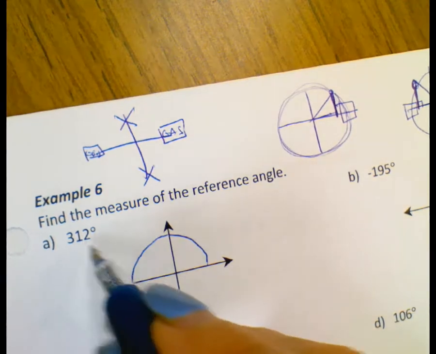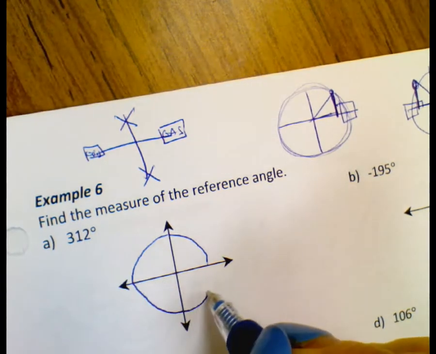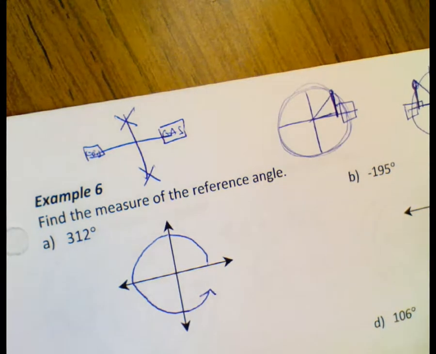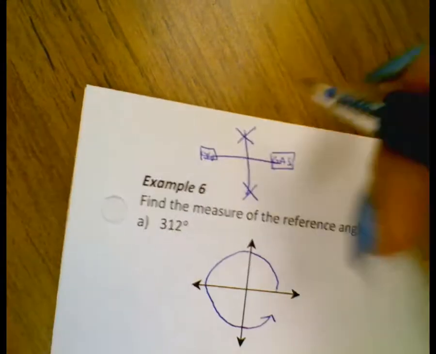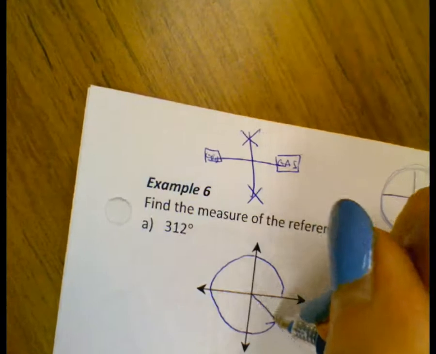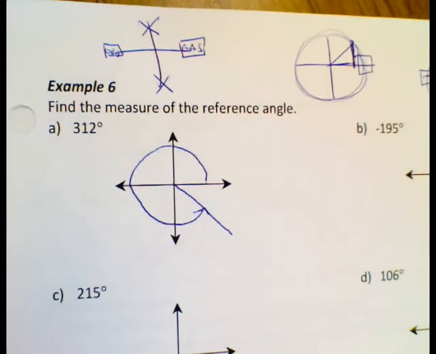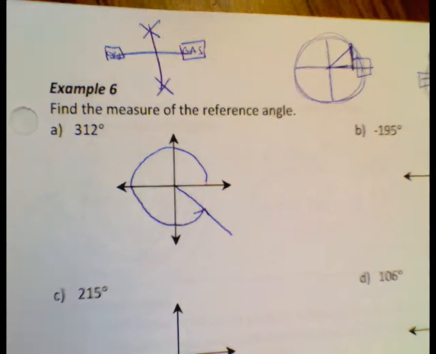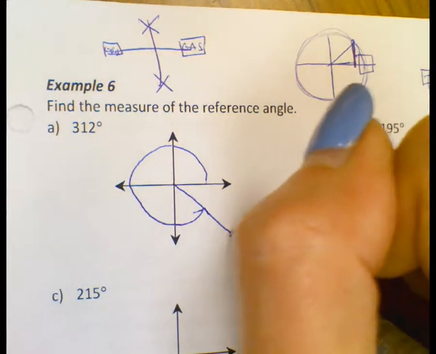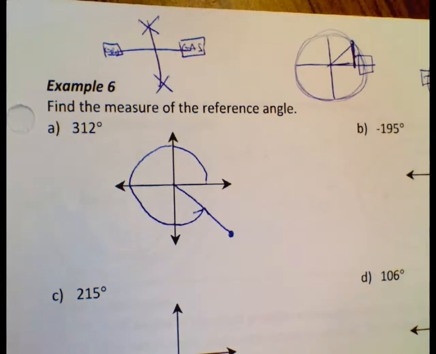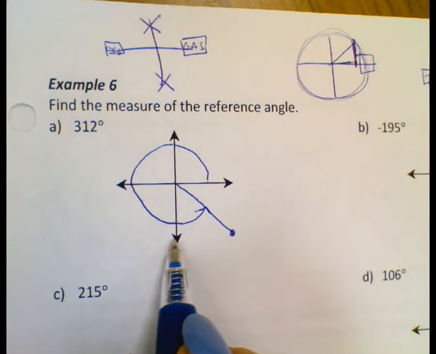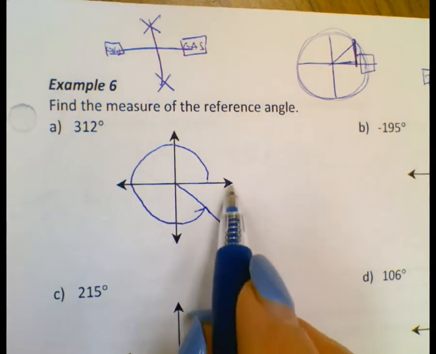312 is about another 42 degrees past 270, so it's almost halfway. This is where you run out of gas. So the first thing you're going to do is draw in your hypotenuse. We're drawing a reference triangle. This is where you're at, right here. You have to decide, should you go to this axis here, or should you go up here?